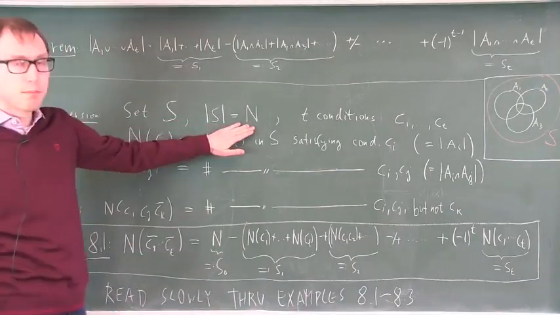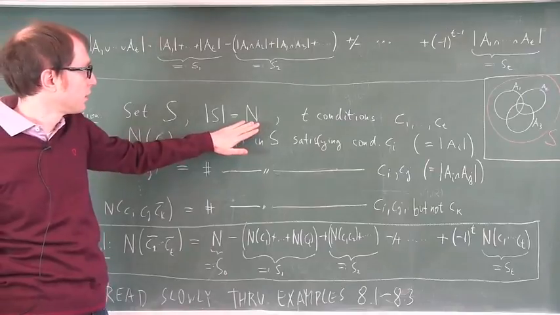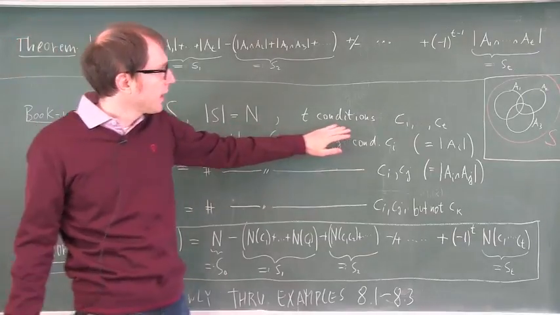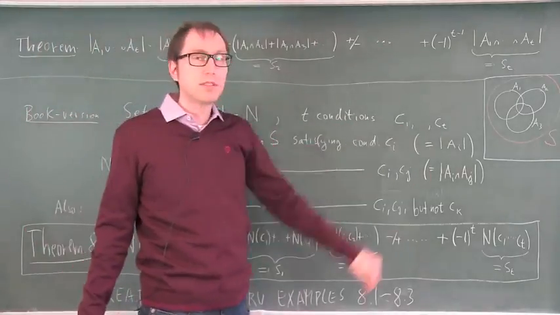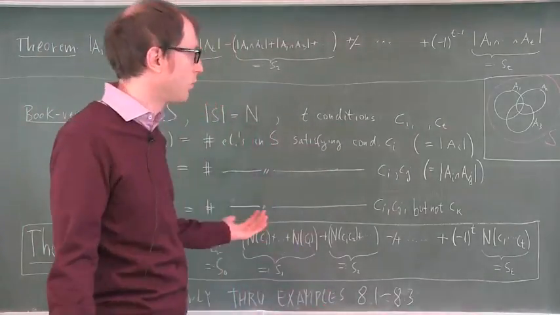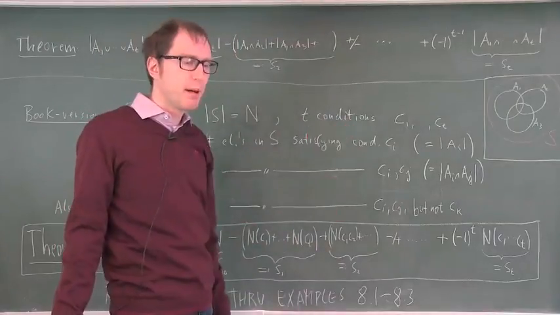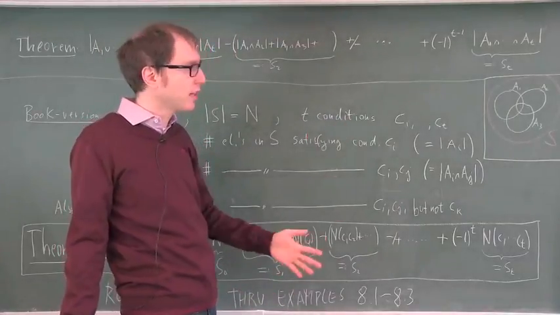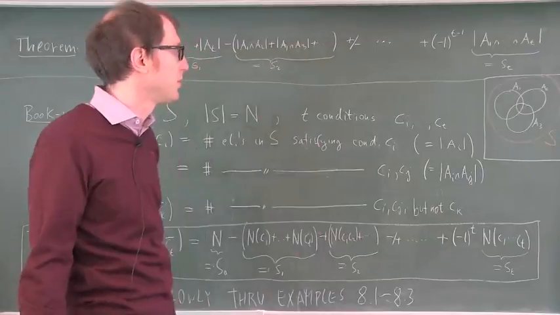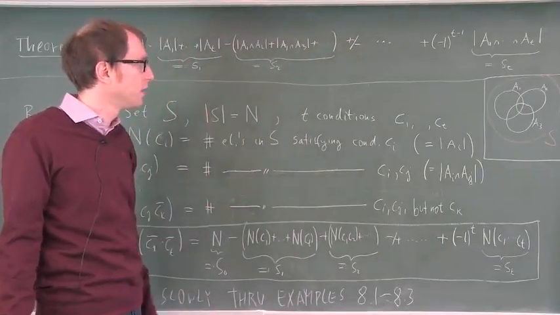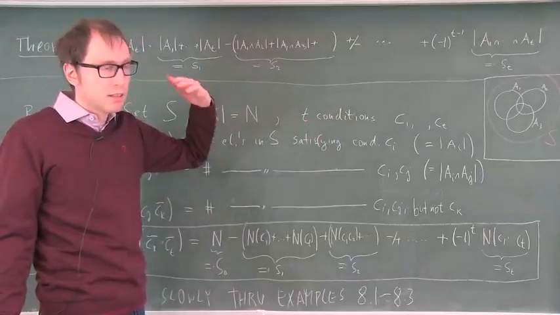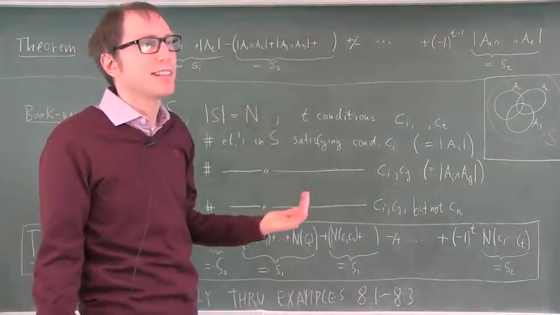This set has cardinality big N, so there are so many elements. And now we're talking about having certain conditions, C1 up to CT. An example would be that big S is the set of all the pupils going to school, and of these kids, maybe some of them are in class 1, and there are just like 8 classes.